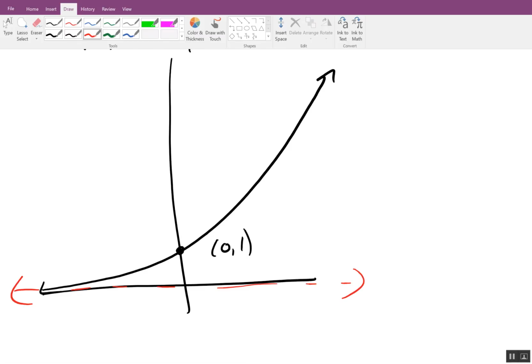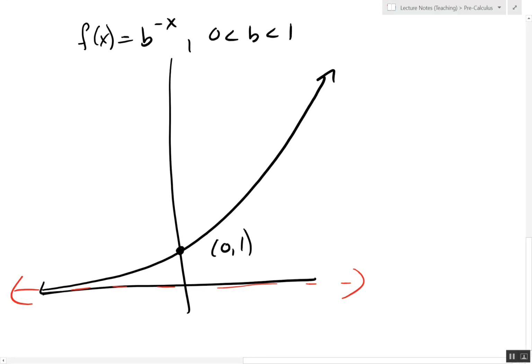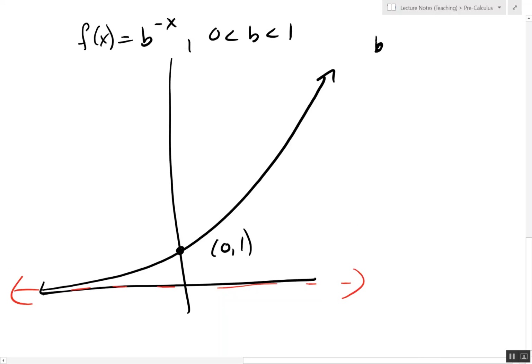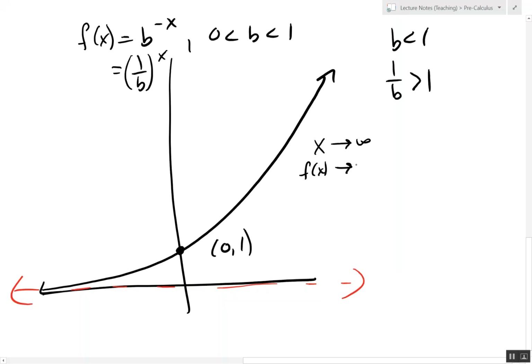And again, note that if b is less than 1, then taking reciprocals says that 1 over b is greater than 1, and this function is really 1 over b to the x. So that's why it looks like the normal exponential function. And we have x goes to infinity means that f of x also goes to infinity, and when x gets really small, f of x tends to 0.